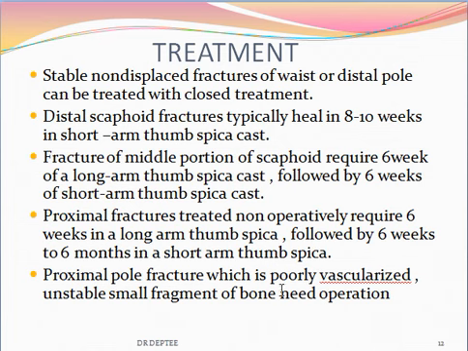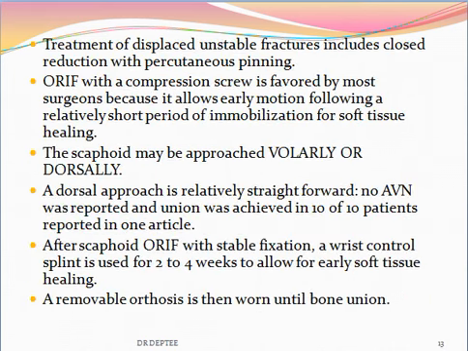Proximal pole fractures, which is poorly vascularized and is the most unstable fragment, this type of fractures need operative management. Treatment of displaced unstable fractures includes closed reduction and percutaneous pinning. Open reduction and internal fixation with a compressive screw is also favored by most of the surgeons. The scaphoid may be approached volarly or dorsally.